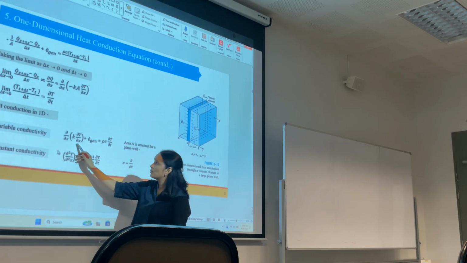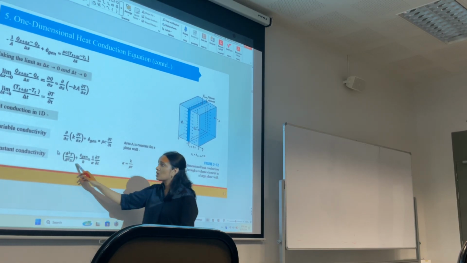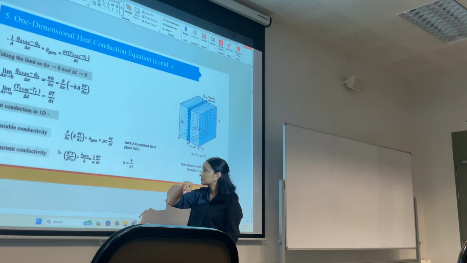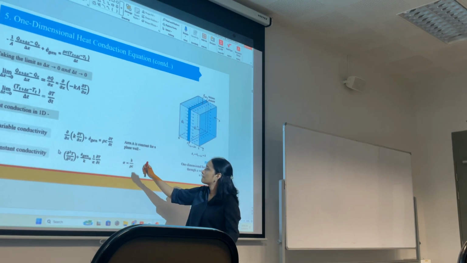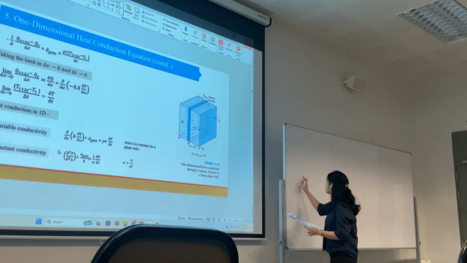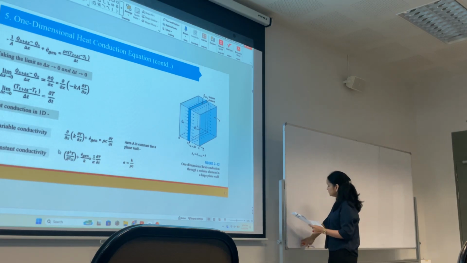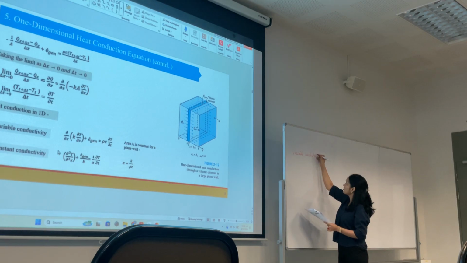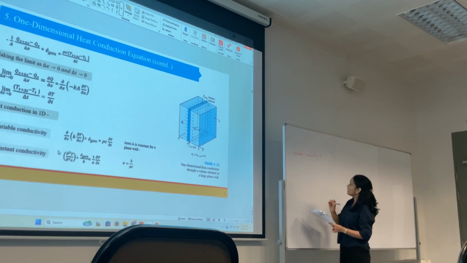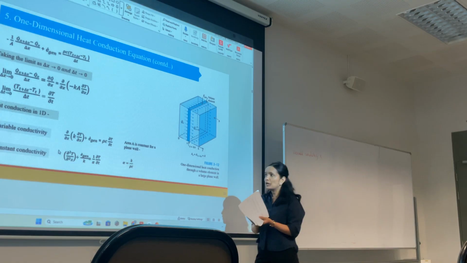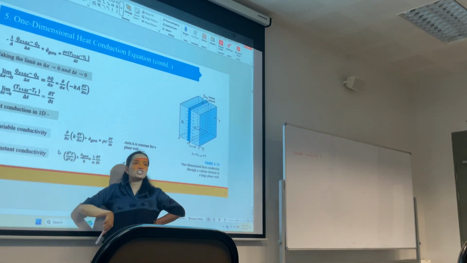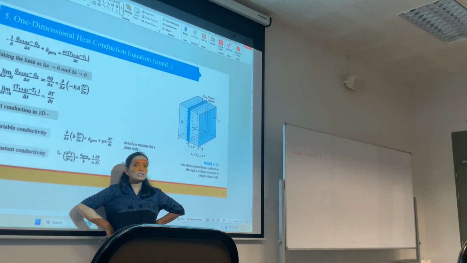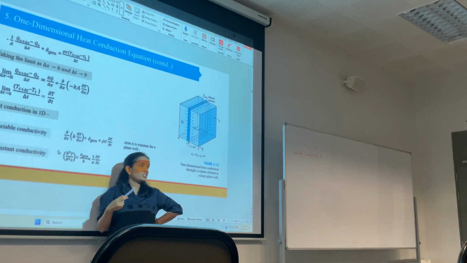Now you have this formula, variable conductivity, constant conductivity. Conductivity is thermal conductivity, K. If you are manufacturing and your thermal conductivity is changing, there are some materials whose thermal conductivity changes with temperature.